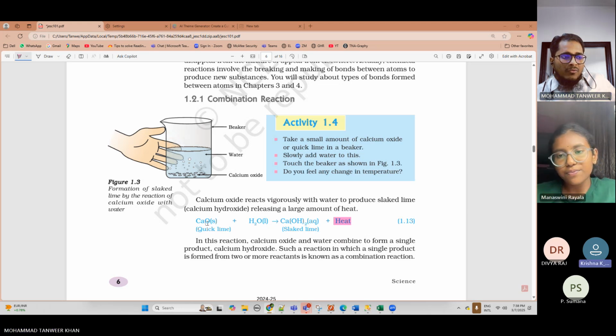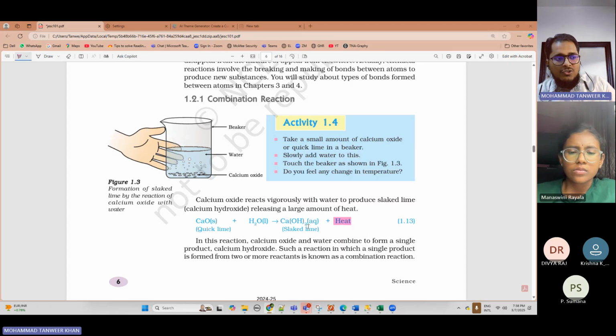Two, one plus one. And the right-hand side? Two, this O, and here after the bracket it is 2, so oxygen is 2. How many hydrogen atoms on this side? Two. And this side? Two. So this is balanced.